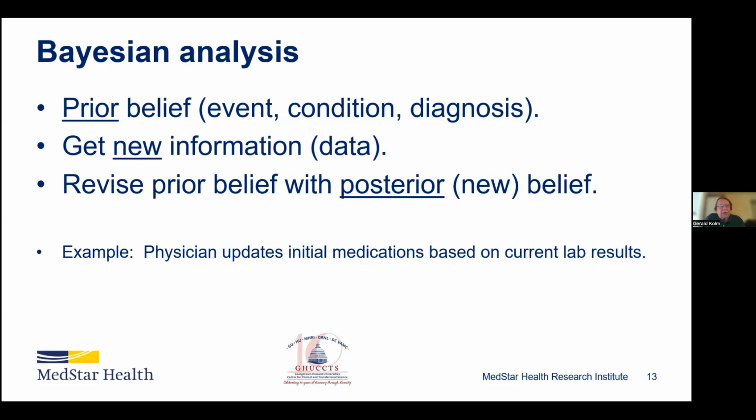For example, if a physician has a patient on some medications and then they come in for their yearly checkup or whatever, and they get a new set of labs, then the physician may update the patient's medications based on current lab results. So that's the basic idea, that you update your conclusions or your beliefs based on the information, based on the data that you collect.